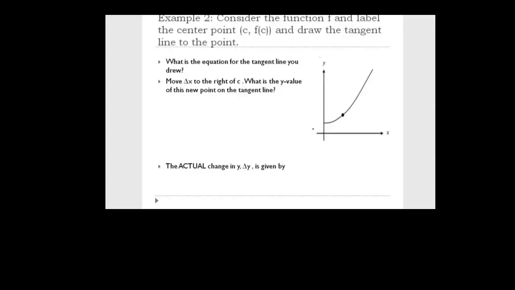So it says consider the function f and label a point on that graph C. I drew the point in so all of our points are at the same spot. That point I drew in is going to be the point C, f of C. And what I want you to do is draw in what you would consider to be the tangent line to that point.